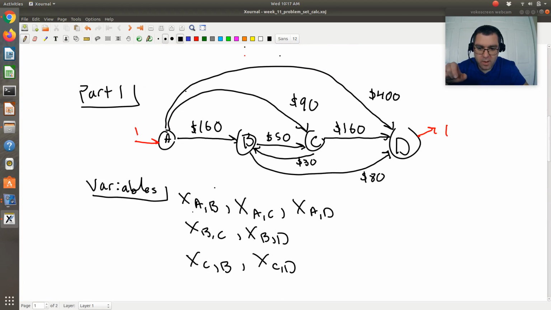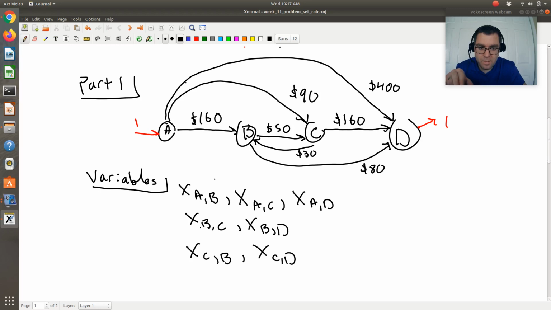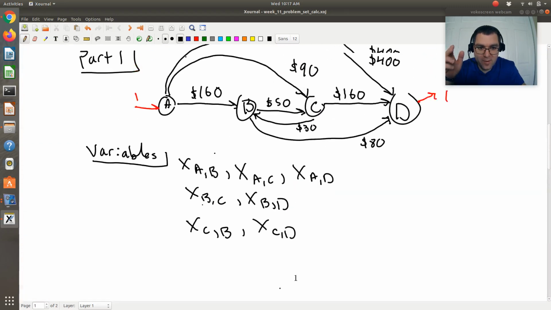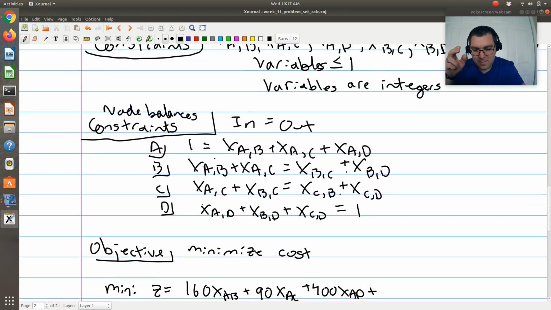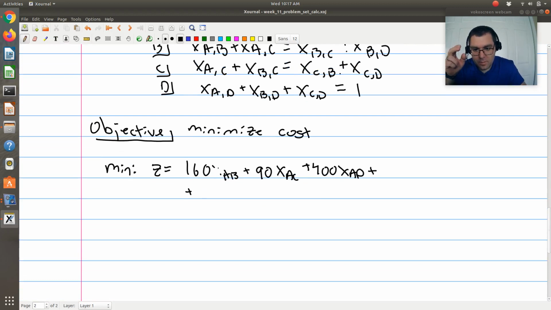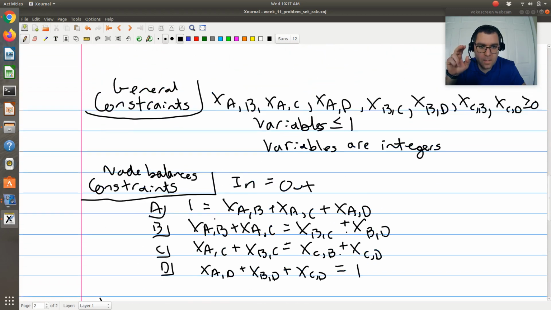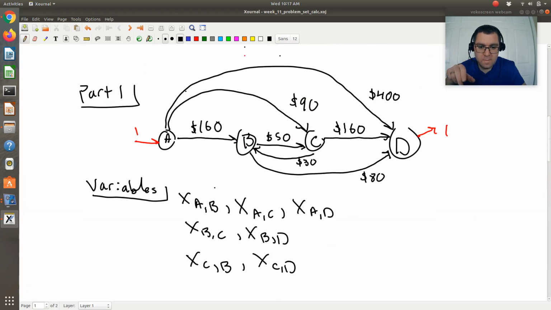So I'm just going to follow kind of our variables from origin destination. BC is 50, BD is 80. So 50 XBC plus 80 XBD.